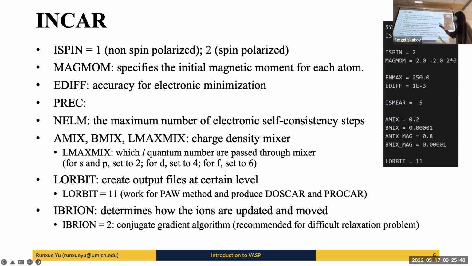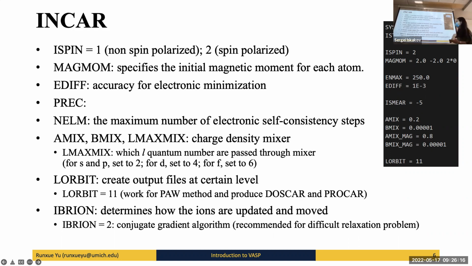And PREC, sorry, I forgot to add the description of it. It just gives the precision of the whole calculation. You can use, for example, high, low, normal, something like that, or accurate. Another one is NELM. It is the maximum number of electronic self-consistency steps.